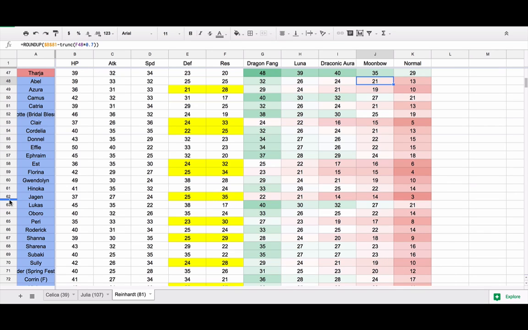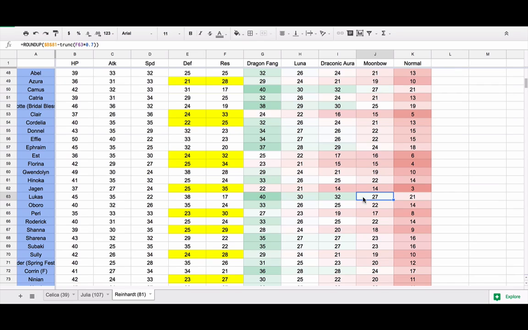So here for Jagan, you can see that even though Dragon Fang does 1 damage more, it basically doesn't matter, because again, Dragon Fang has a 4-turn cooldown, so you're kind of compensating. But because his resistance is so high, Luna begins to kind of equal, and Moonbow begins to equal Draconic Aura. But because on average units have so much lower resistance, most of the time, Dragon Fang is going to be greater than Luna. Draconic Aura is going to be greater than Moonbow.